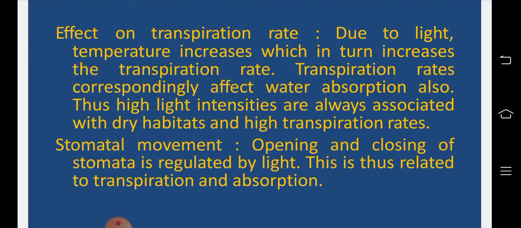Thus, high light intensities are always associated with dry habitats and high transpiration rates. Here, due to more light, more temperature, we can say more transpiration rate. Stomatal movement. Opening and closing of stomata is regulated by light. This is thus related to transpiration and water absorption.